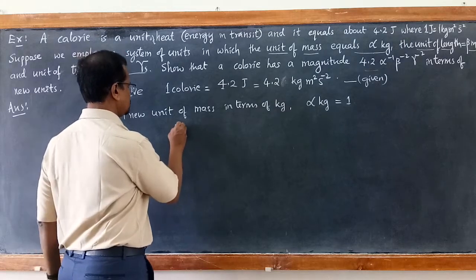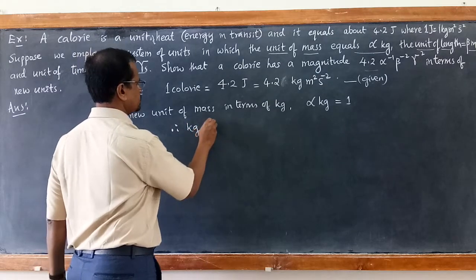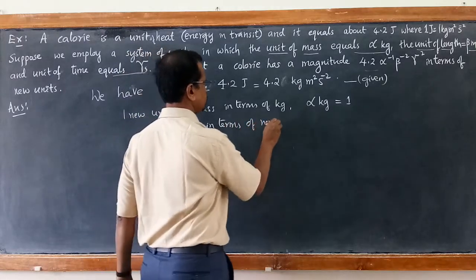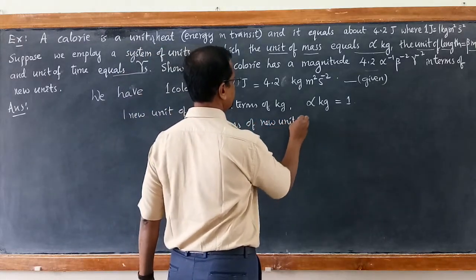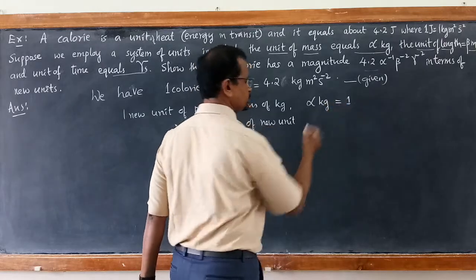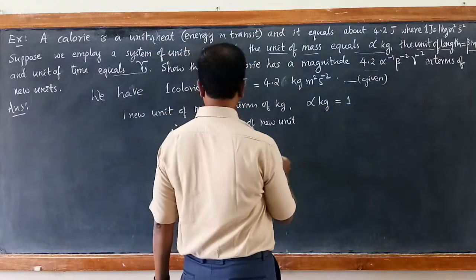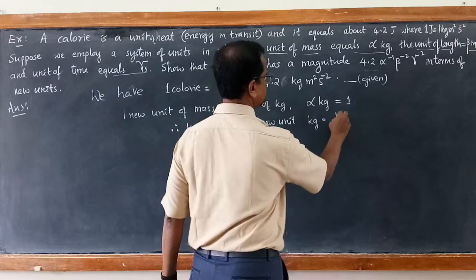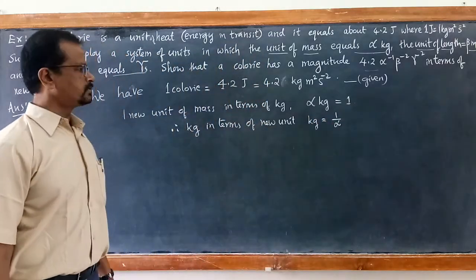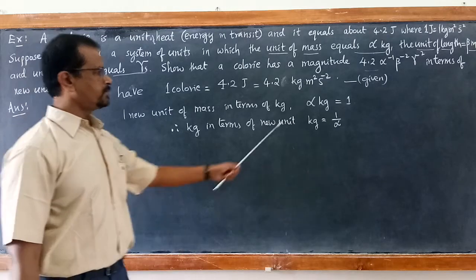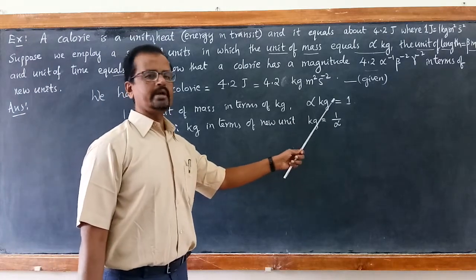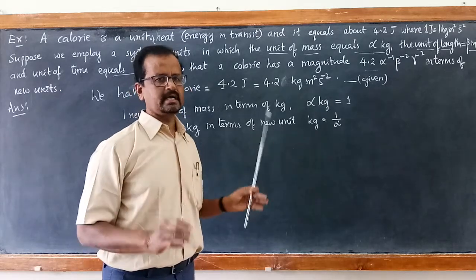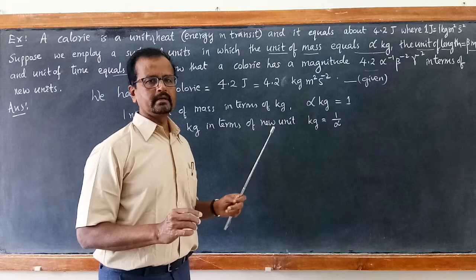Therefore, what is kg in terms of unit? Alpha kg equal to 1 unit. Therefore, kg is equal to 1 by alpha. For example, 100 kg is equal to 1 quintal.